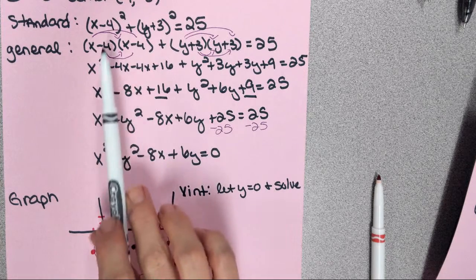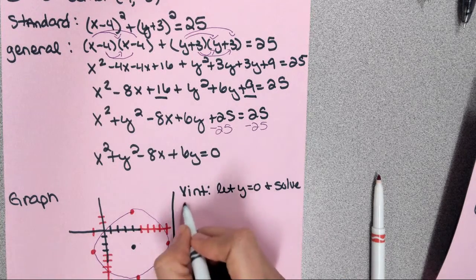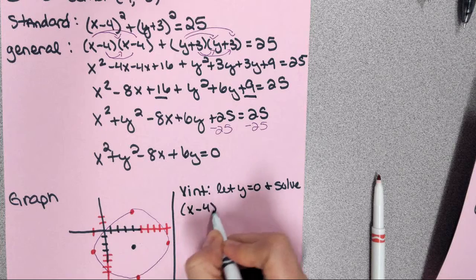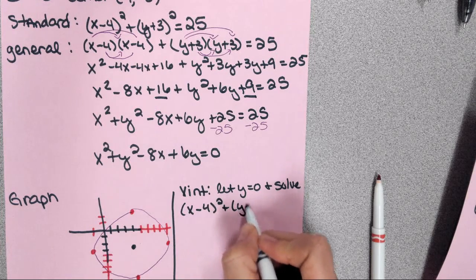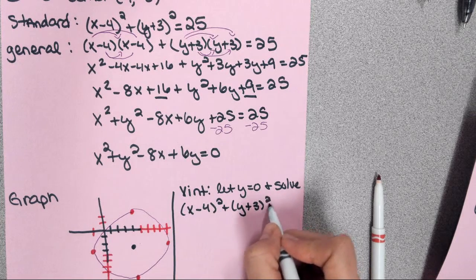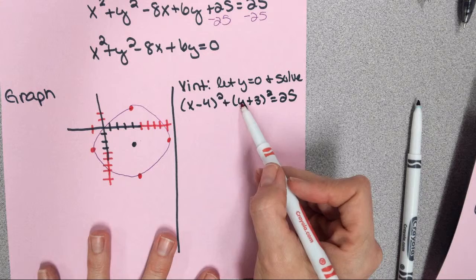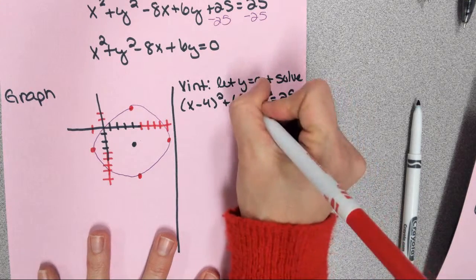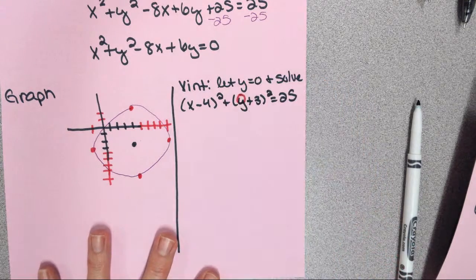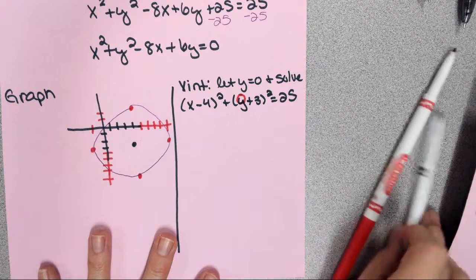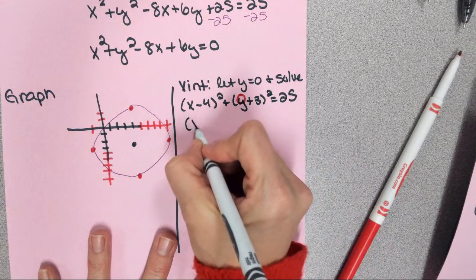I'm going to use my standard equation. This is the easiest one to solve with. So I just said I'm going to let y equal what? 0. So if I let this y be 0, what is 0 plus 3? 3.